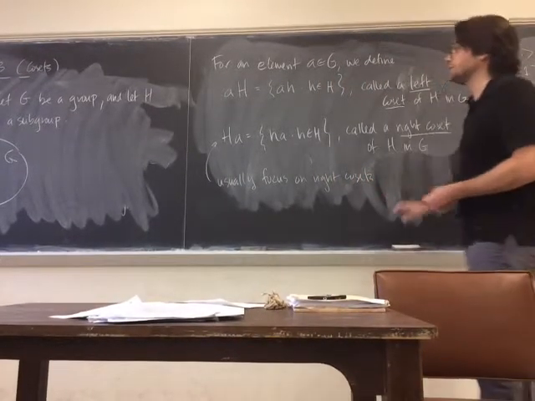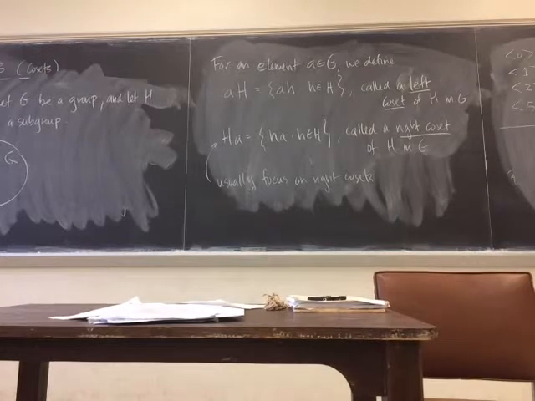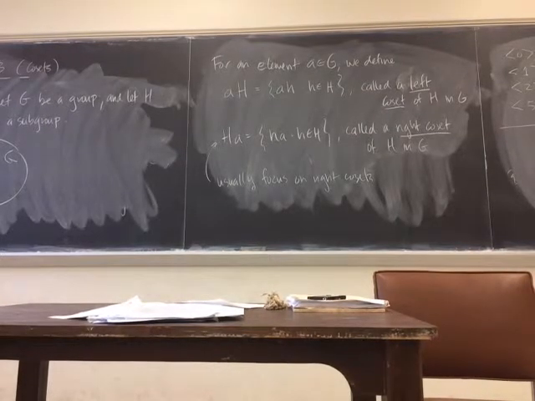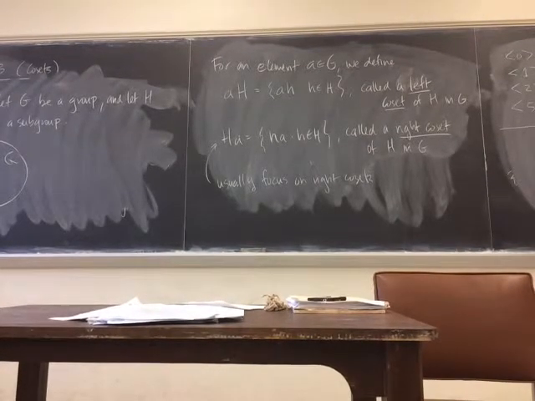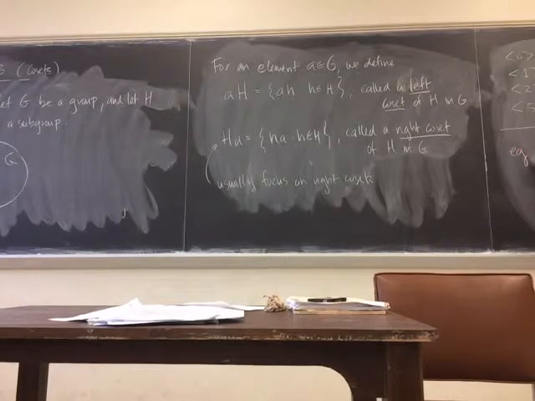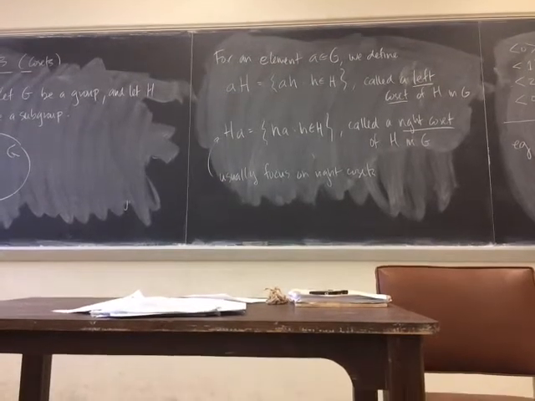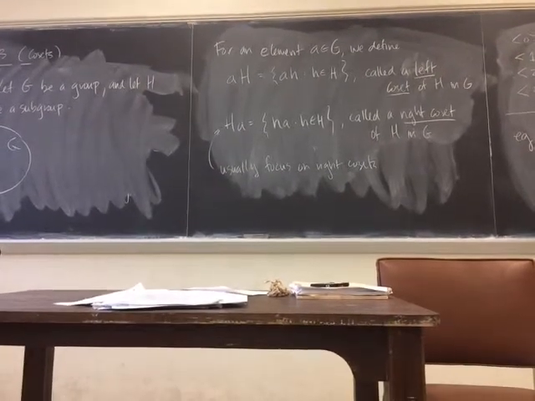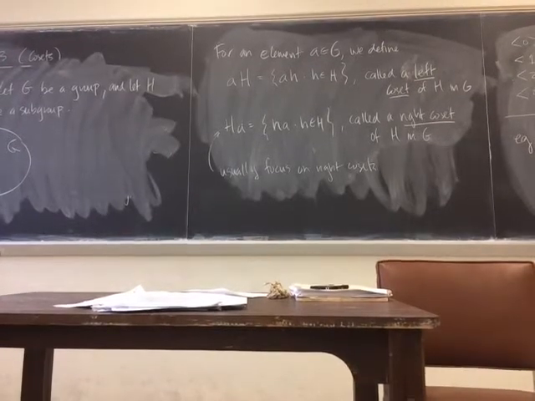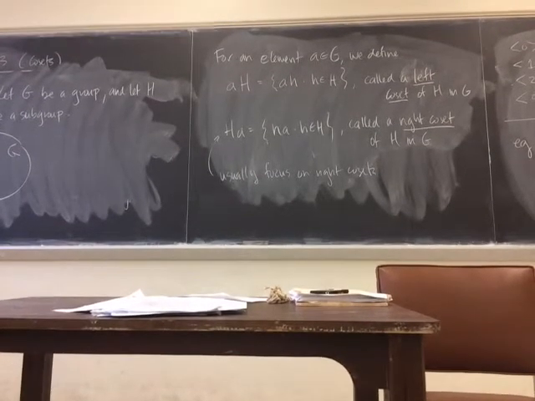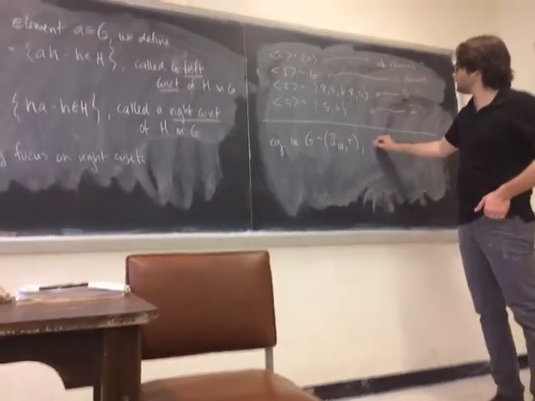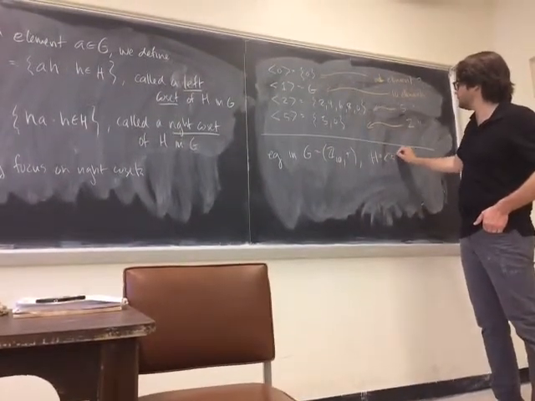I think this is hard to digest if you haven't seen it before. Actually, we can do this example. So if we were in the group G equals Z10, let's take H to be the subgroup generated by 5.